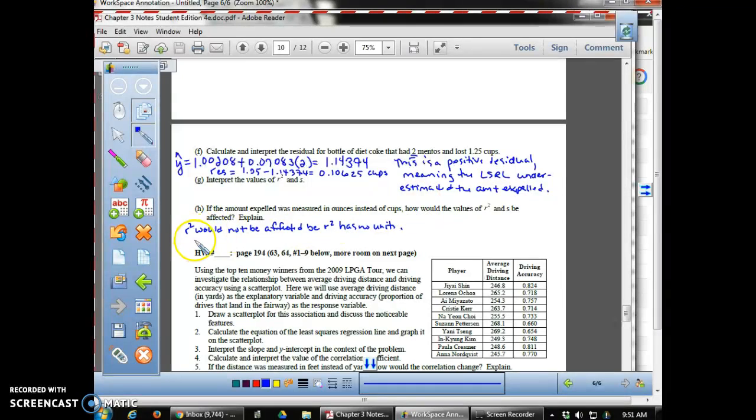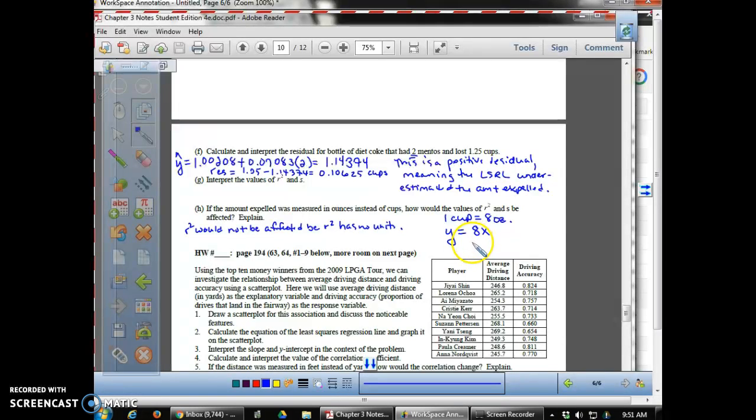So we have to think about converting from cups to ounces. And you know 1 cup is equal to 8 ounces. So every observation, every Y would actually be converted by multiplying by 8. So a new variable, I'll call it Y here, is basically going to be 8 times your old variable. So I'm going to have to do the same thing with regard to the standard deviation.